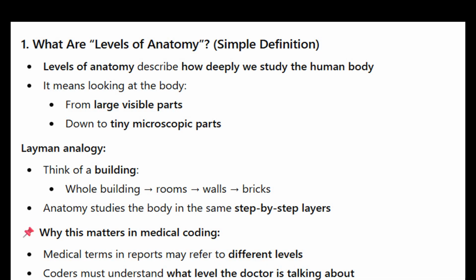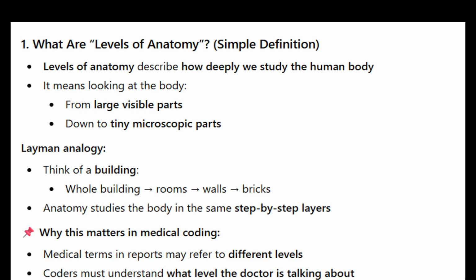Now, to understand what levels of anatomy are, we can relate it to a real-world example, or a layman's analogy. Just think of a building. You can compare that entire building, the whole building, with the human body, and we have separate layers: we have rooms in the building, then walls, then bricks.